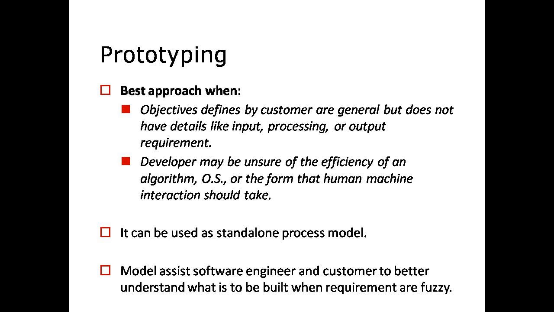The prototyping model assists the software engineer and customer to better understand what is to be built when requirements are fuzzy. System prototypes allow users to see how well the system supports their work. They may get new ideas for requirements and find areas of strength and weakness in the software.